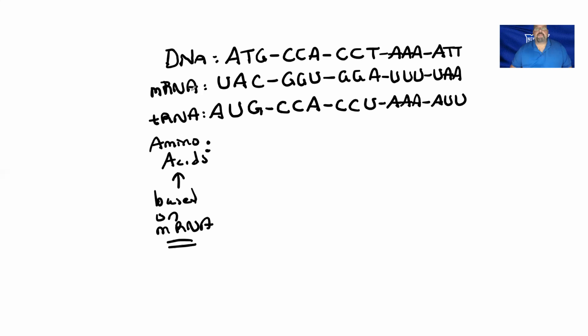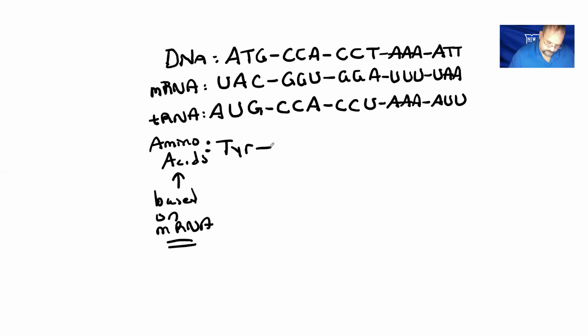We're going to use the messenger RNA sequence. All right. So I'm looking at the genetic code on another screen. I find UAC. And when I come across UAC, and the 3-letter abbreviations are perfectly fine. I have no problem with that. So UAC gives us tyrosine as our first amino acid present.